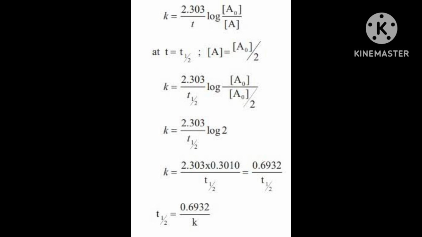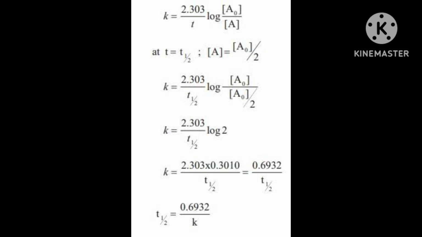What is this? Here I am telling you in a very simple way what a pseudo first order reaction is. It is also called pseudo unimolecular reaction, pseudo unimolecular reaction or pseudo first order reaction.